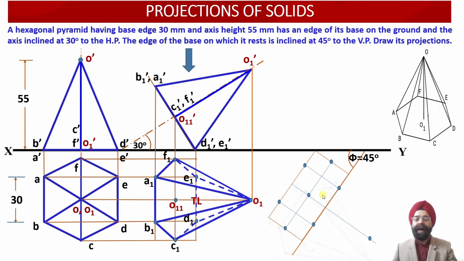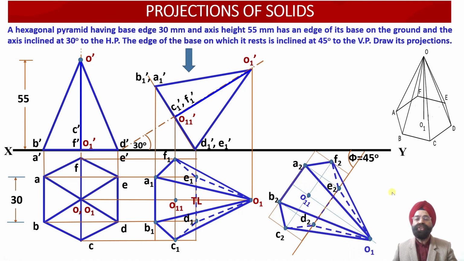Once we have marked all these points, we can join all these edges in the same way as they were joined in the earlier plan projection view. So now we have been able to obtain the plan projection view for the oblique hexagonal pyramid, which happens to be inclined with respect to the horizontal plane as well as the vertical plane.